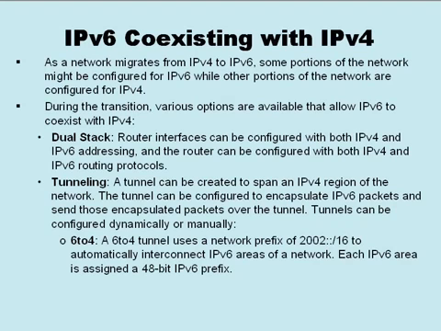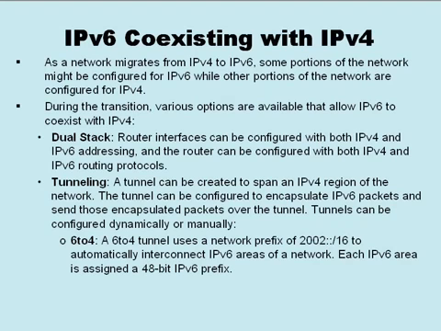In addition to having the 2002 in the prefix, the remaining 32 bits of the prefix can be taken automatically from the underlying IPv4 address. That gives us 32 bits, and that's added on to the end of the 2002, which is 16 bits. That gives us our 48-bit IPv6 prefix.